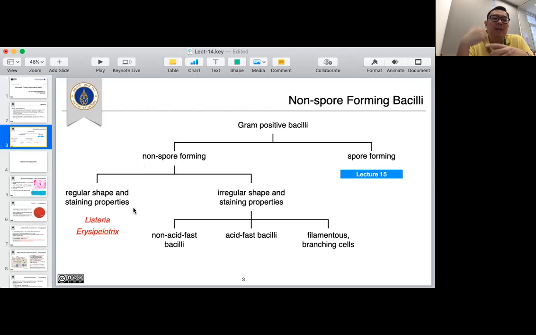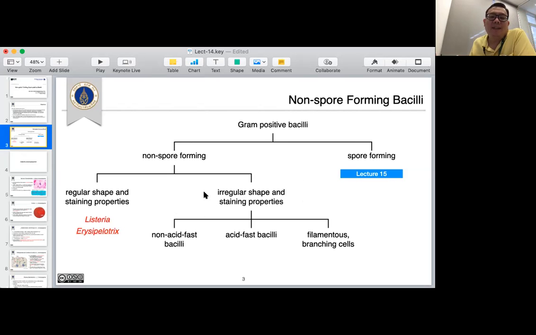And stain property like gram stain, when you gram stain bacilli in this group, you see the purple, bluish purple, smooth. Okay, this is regular. We talk about bacteria in genus Listeria and Erysipelotrix.